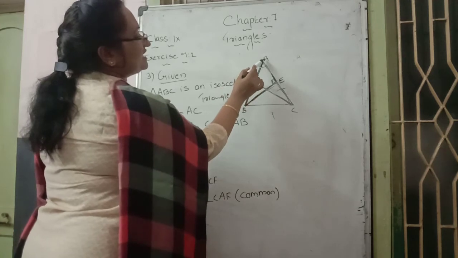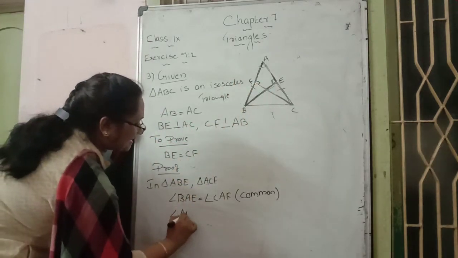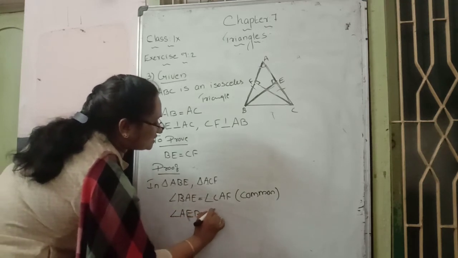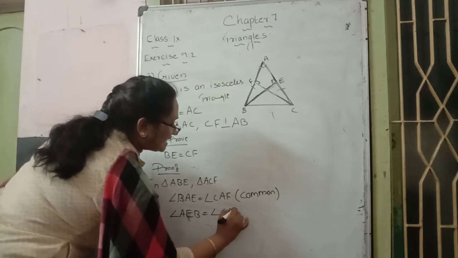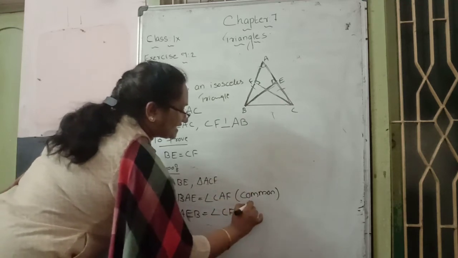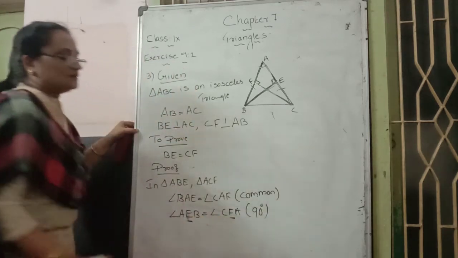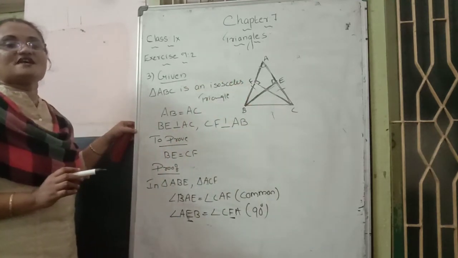So angle AEB is equal to angle CFA. They make 90 degrees because they are perpendiculars.